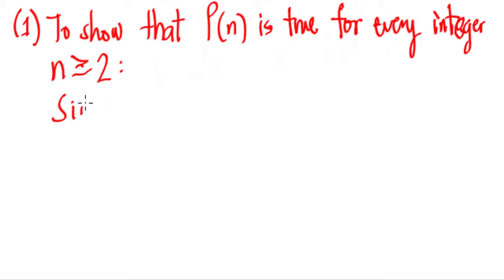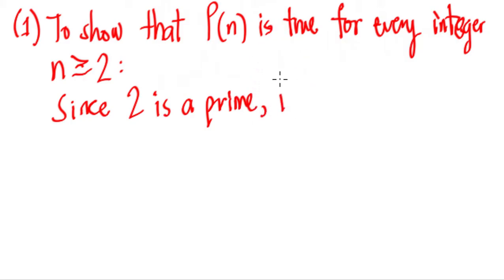Since 2 is a prime, clearly P of 2 is true. This is the basis step of the strong version of induction. So P of 2 is true.